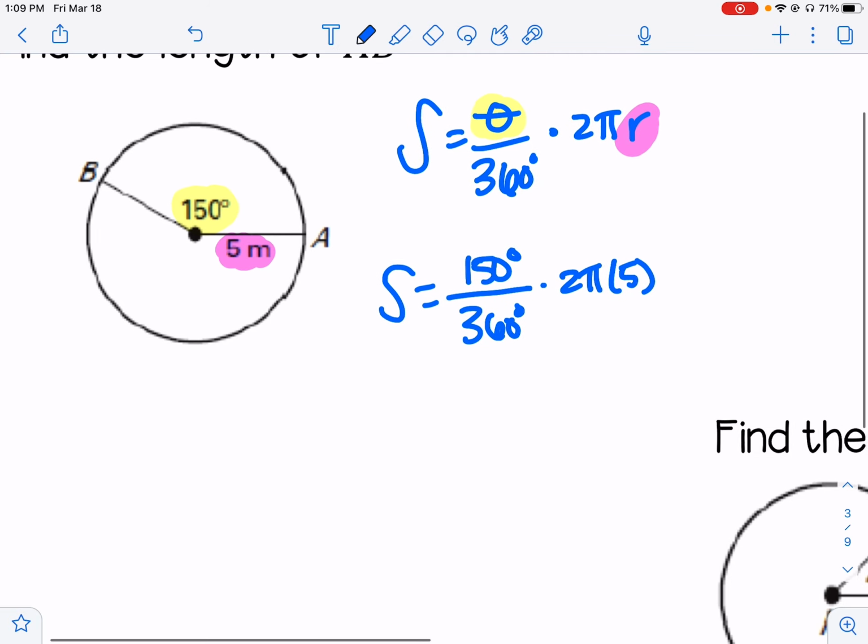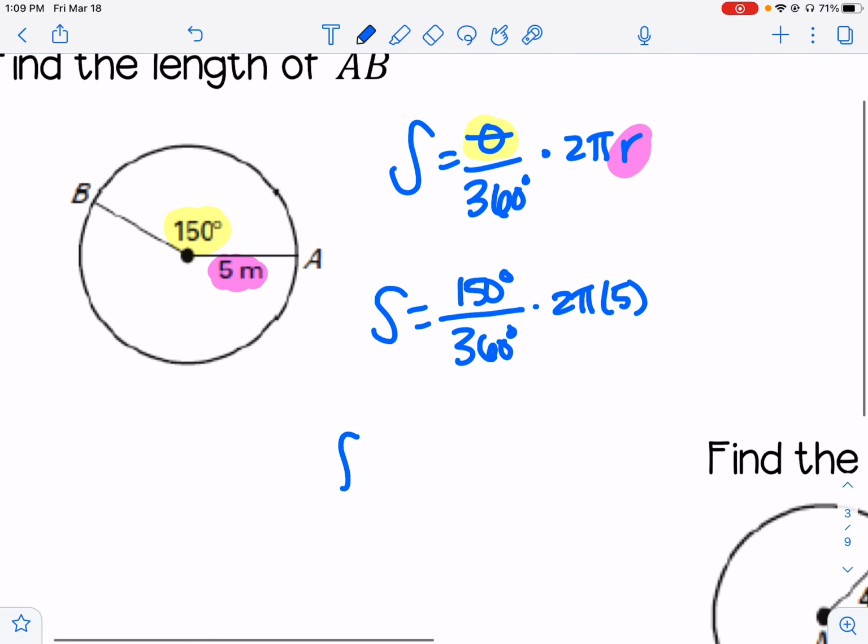Okay, this is where just using our calculator is going to come in handy. I personally like to do the fraction first, so I'm going to do 150 divided by 360, and that gives me approximately 0.416 repeating. Now, in my calculator, I'm just going to carry that number, so I'm not rounding, and then I'll multiply that by my 2 pi 5.